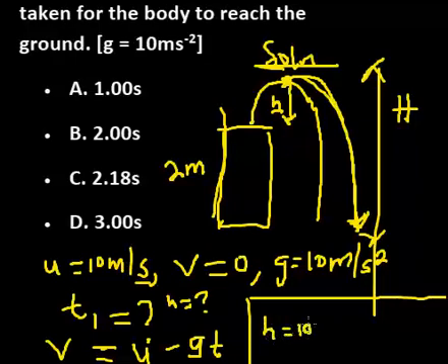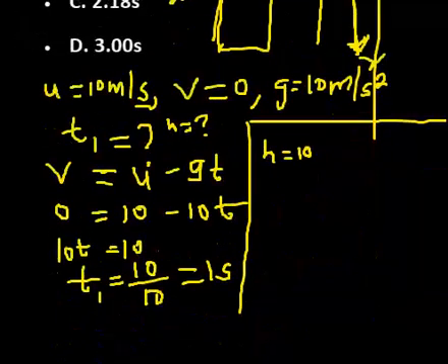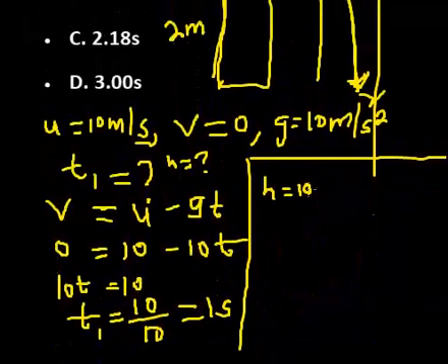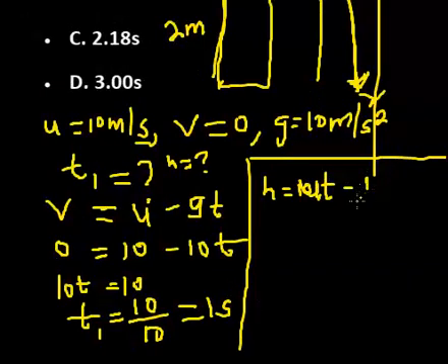10 times t. The t that we averaged over, that's t, 10 times 1, right? Remember, h is equal to ut minus half gt square.